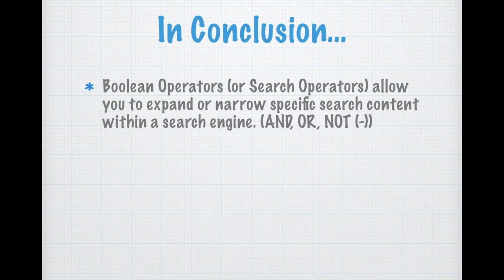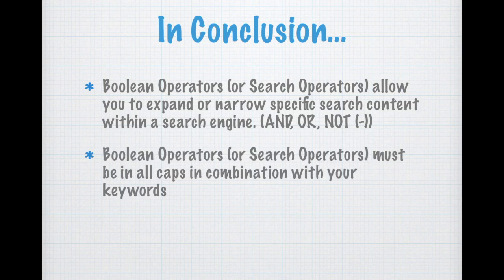In conclusion, Boolean operators, or as we know them in Google, search operators, allow you to expand or narrow specific search content within a search engine by using in all caps the word AND, OR, NOT, or a negative sign between keywords.